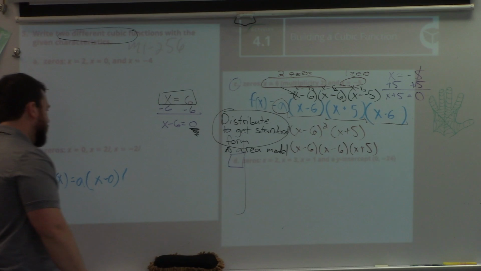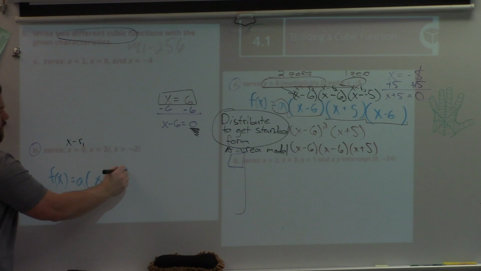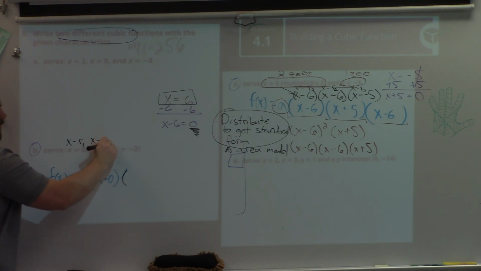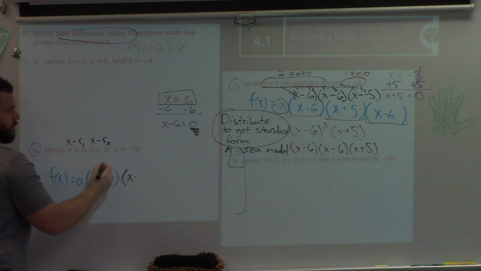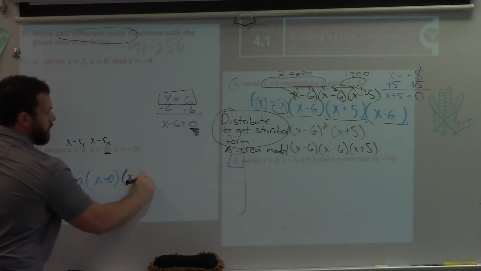Now, I want to talk about B really quickly, and then D really quickly. Notice x minus R1 and x, so x minus 0. X minus R2, so x minus what? What is R2? Not 2. 2i.